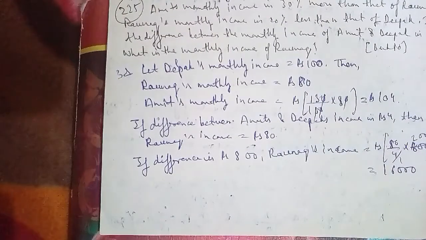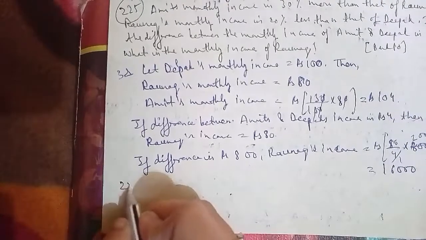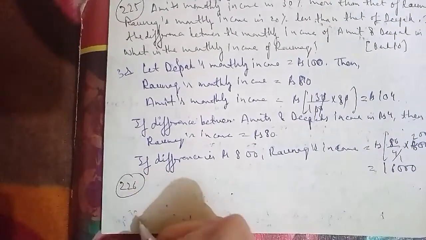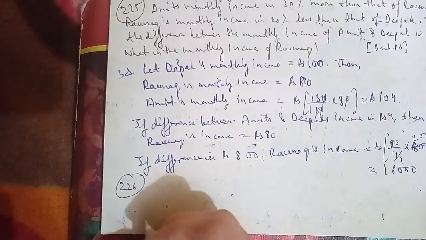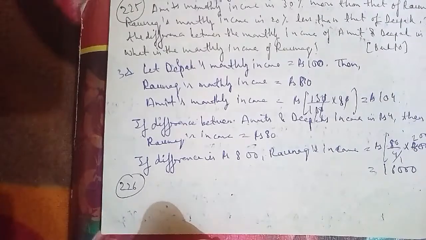So the question we have here is the 226th question of the session. In an examination in which full marks were 800, A gets 20% more than B, B gets 20% more than C, and C gets 15% less than D. If A got 576, what percentage of full marks did D get approximately?